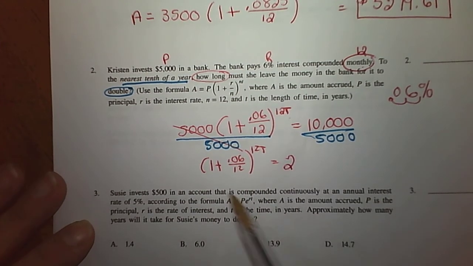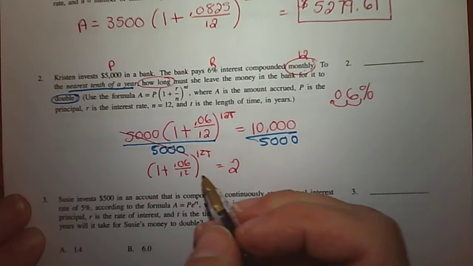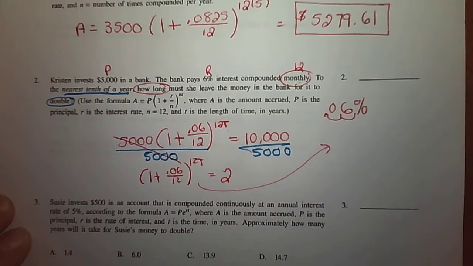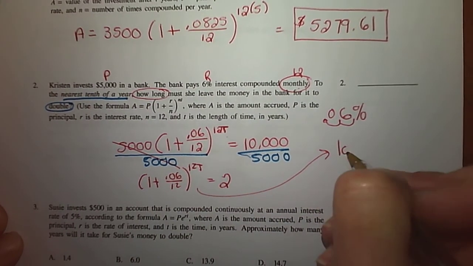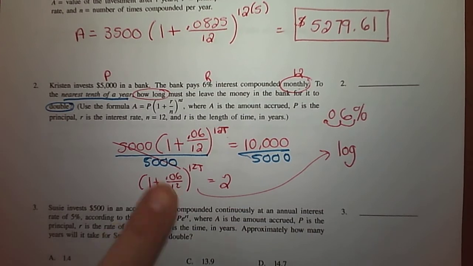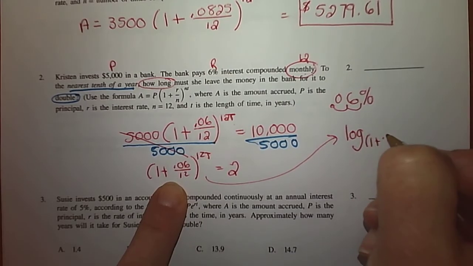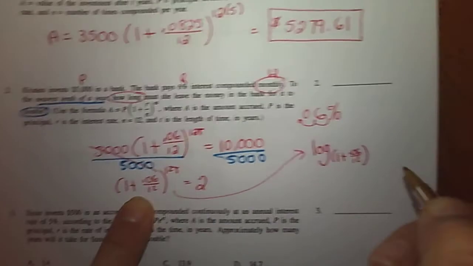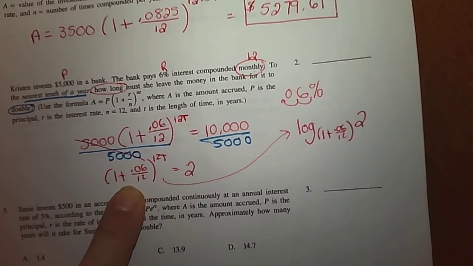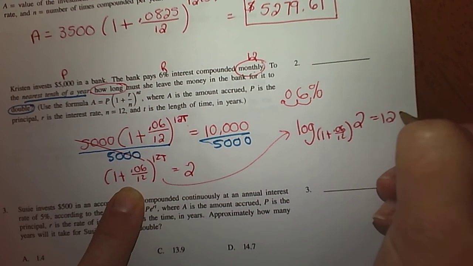Now I'm going to use logs right here. So I'm going to bring it over here so you guys can see it better. I'm going to write the word log. The base is this whole thing here, so 1 plus 0.06 over 12. 2 goes there. Equals 12t.